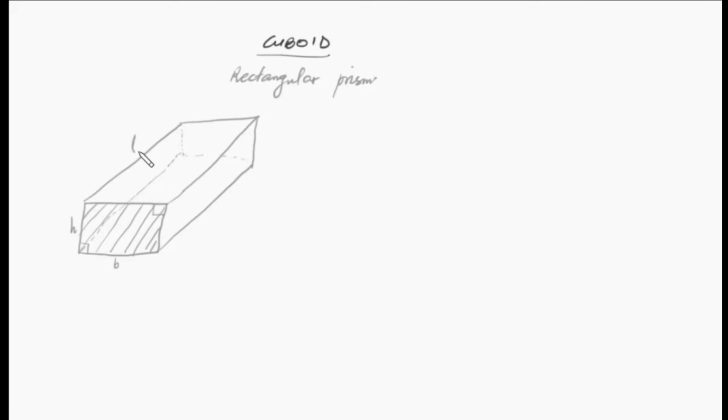All right, so this could be our length. Okay, so now this is the cuboid or a rectangular prism. Why is it a rectangular prism? Now it's identified by the cross section here, which is a rectangle.